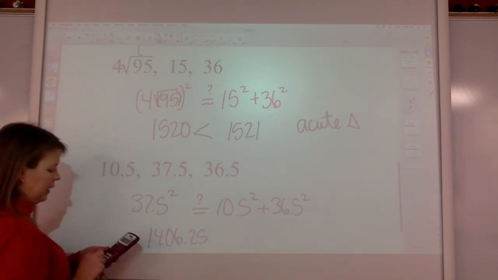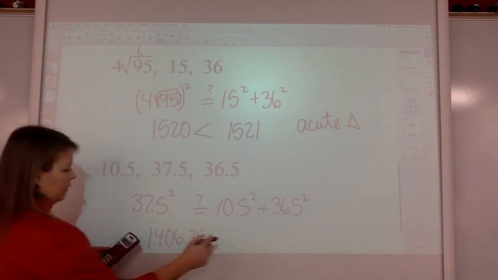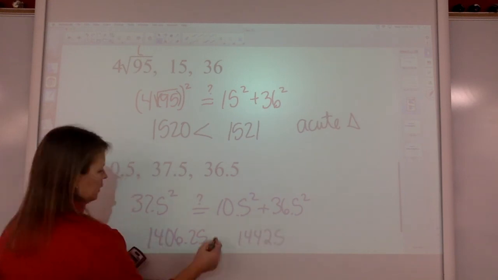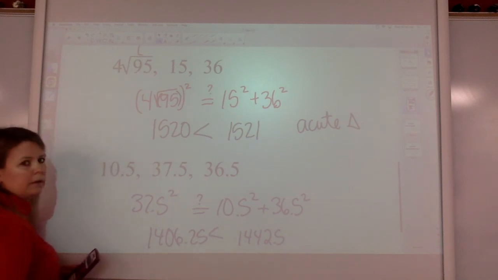How does that compare to 10.5 squared plus 36.5 squared? 1442.5. It is a little smaller, therefore we have an acute triangle.